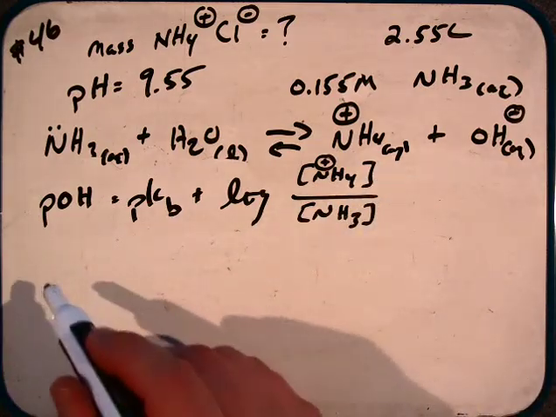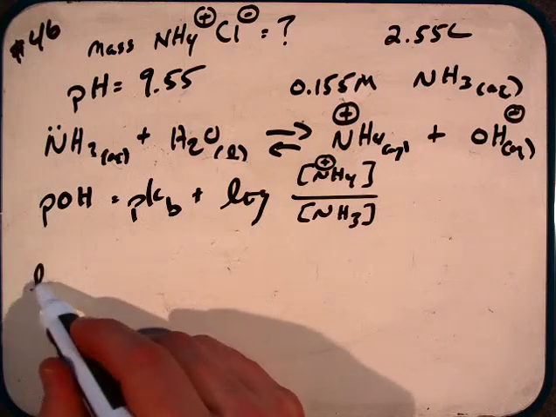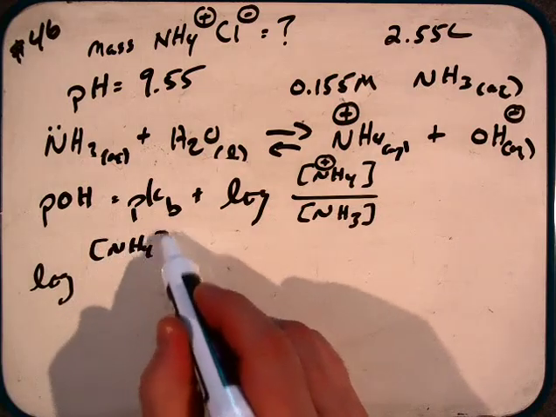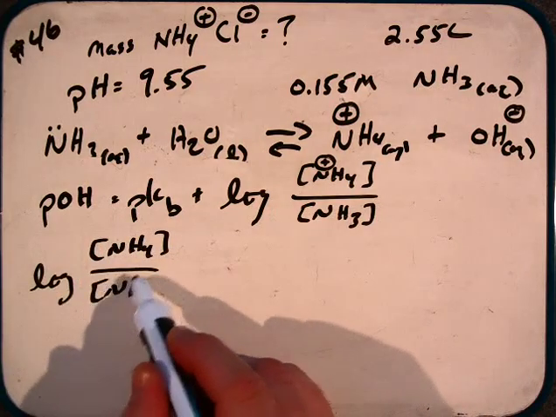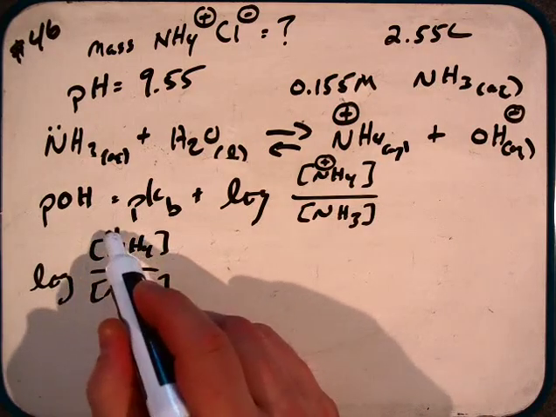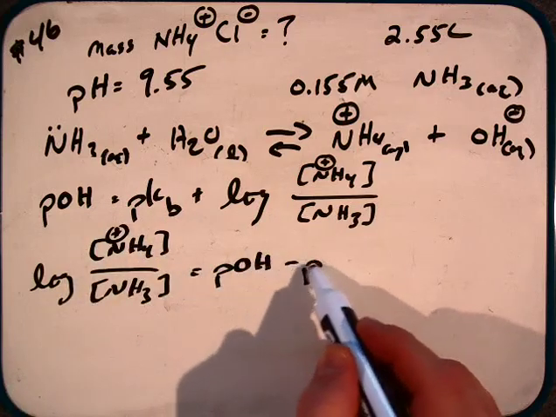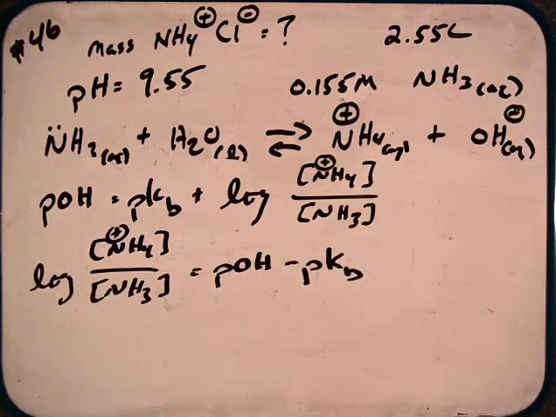So if we take our log and isolate it, we get this. We have pOH minus pKb is equal to that log, right? We're just taking pKb to the other side.